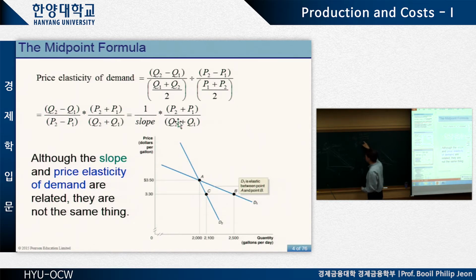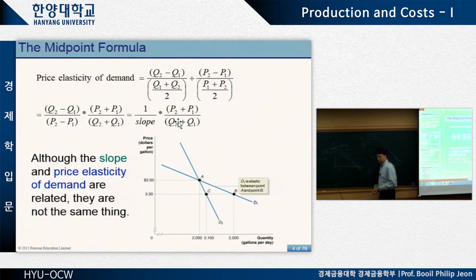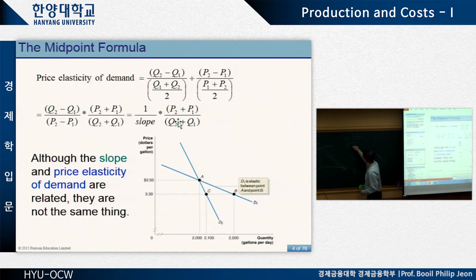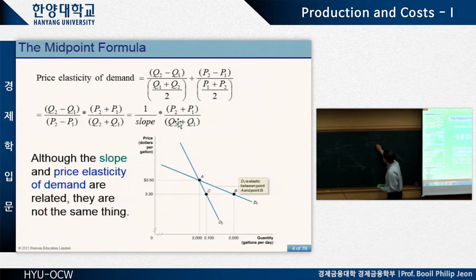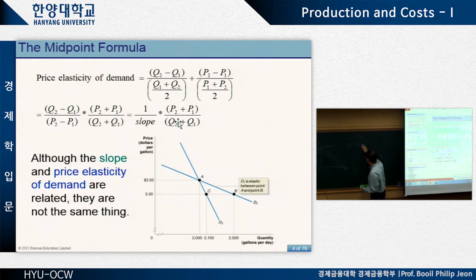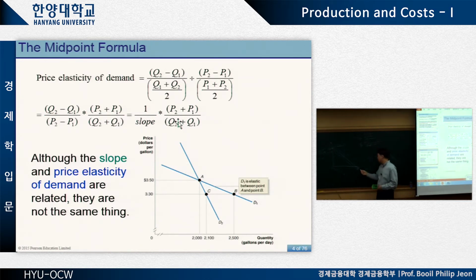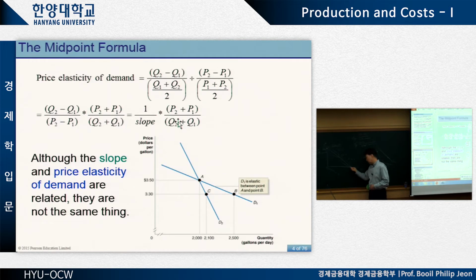For Q1 and Q2, it's going to be Q star plus, or minus, sorry, Q star minus 0.0001, because we're moving from this point to a slightly higher price.